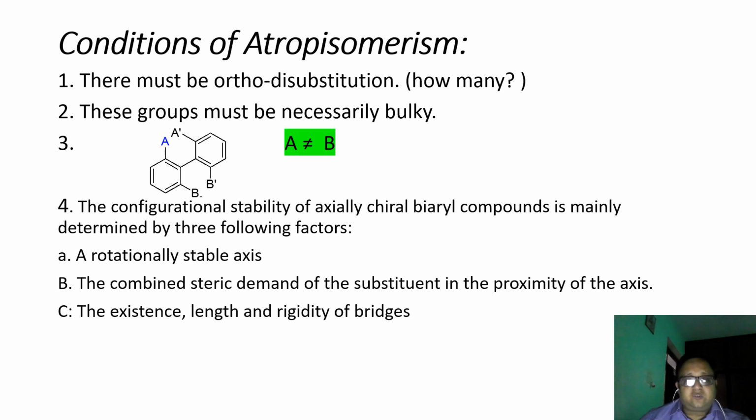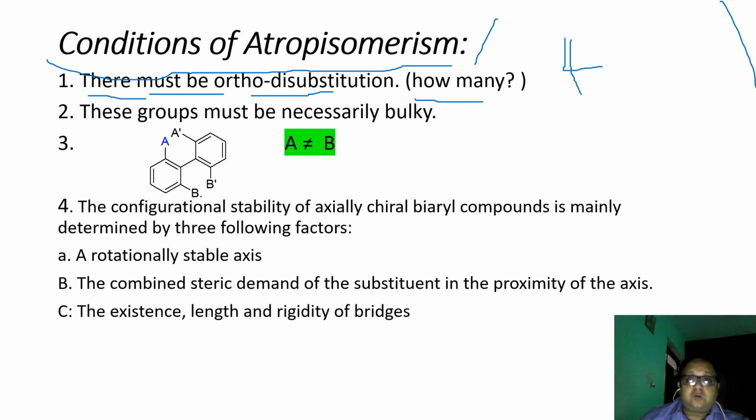Now let's look at the conditions for atropisomerism, that is, conditions for optical activity. Number 1, there must be ortho di-substitution. Now the question arises, how many? There are 2 ortho positions on each phenyl nucleus, so there must be a total of 4 ortho substitutions.